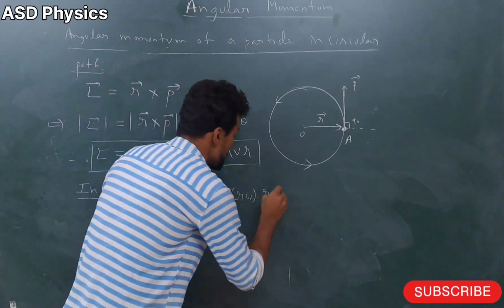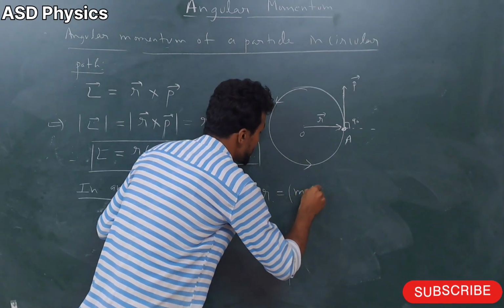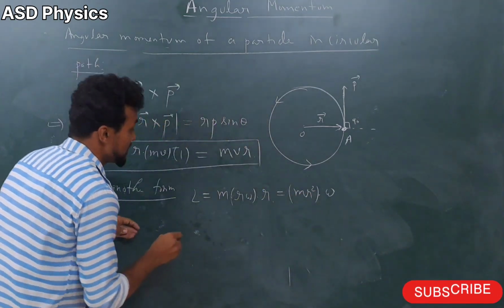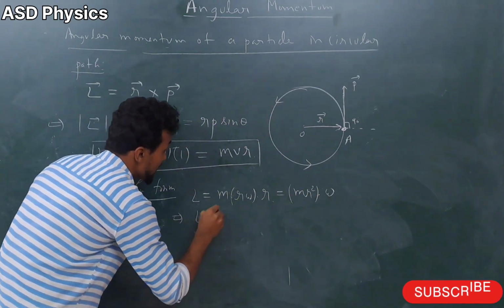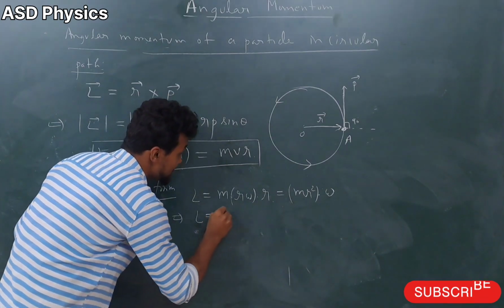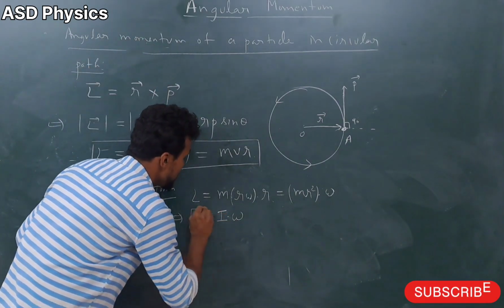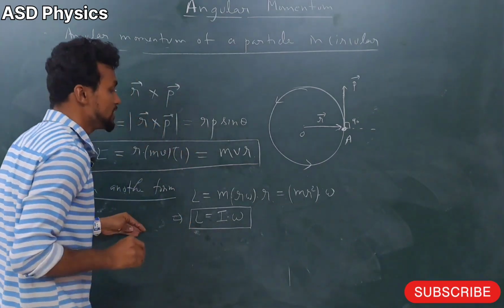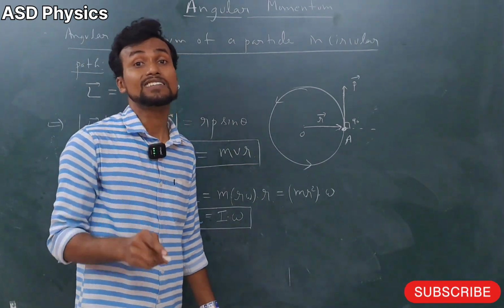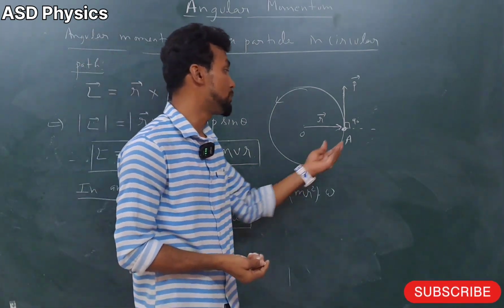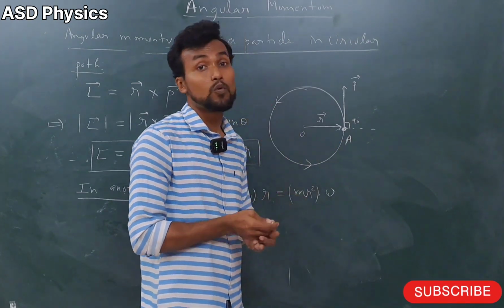Now students, what will this become here? This will become mr square into omega. That means we can write L equal to, what is mr square? This is called the moment of inertia. So we can write the formula here, L equal to I omega. What is I? I is the moment of inertia of the particle about point O.